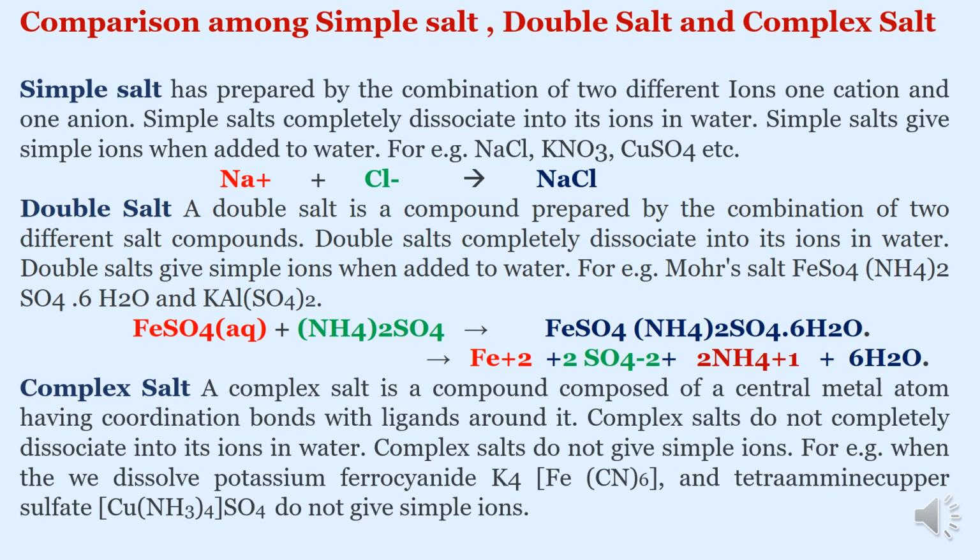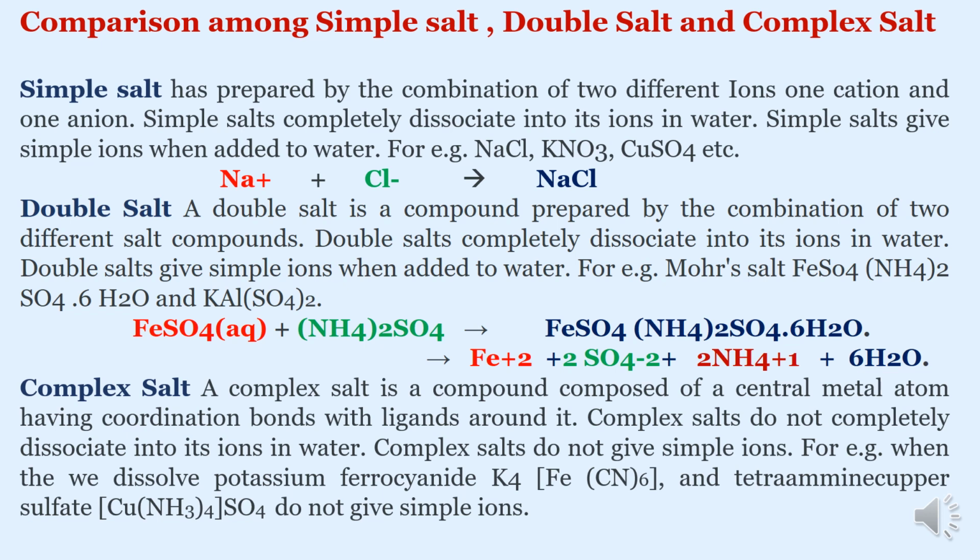Complex salt. Our lab will focus on this type of salt, which we call complex salt or complex in general. A complex salt is a compound composed of a central metal atom having coordination bonds with ligands around it.